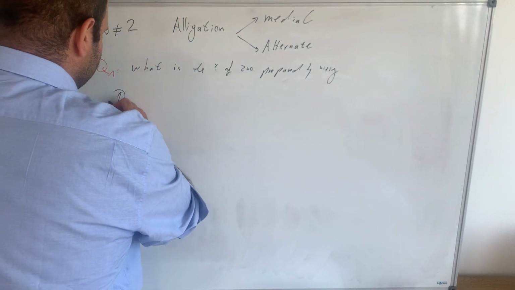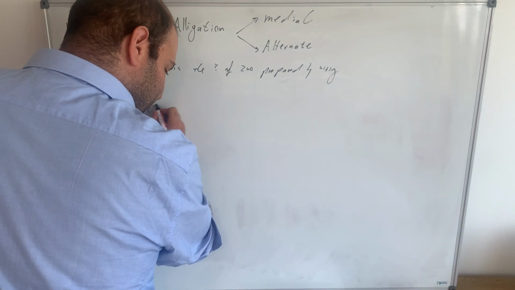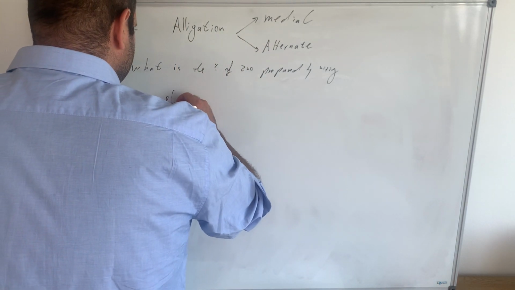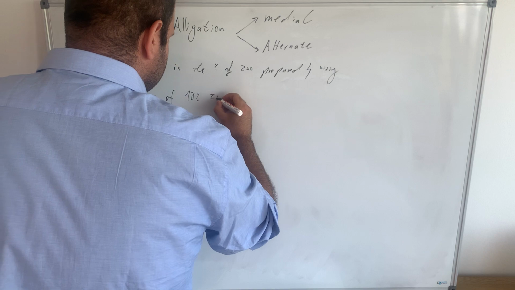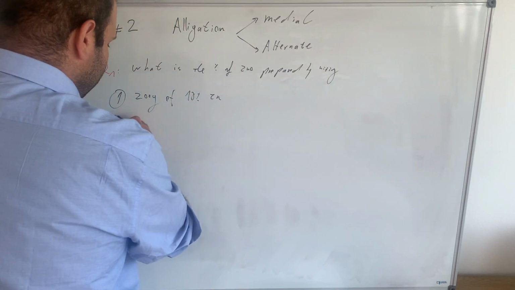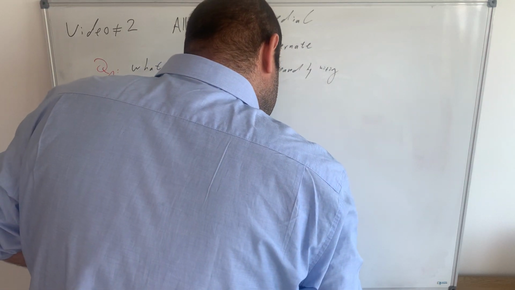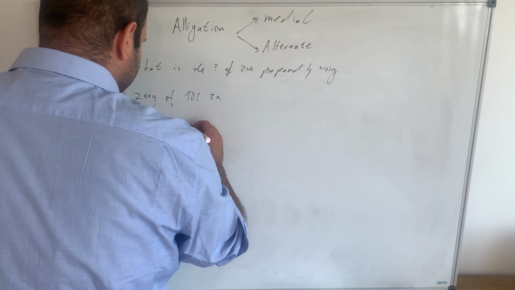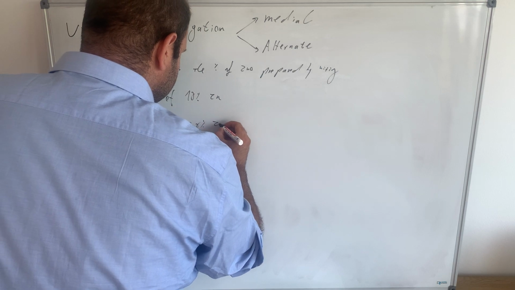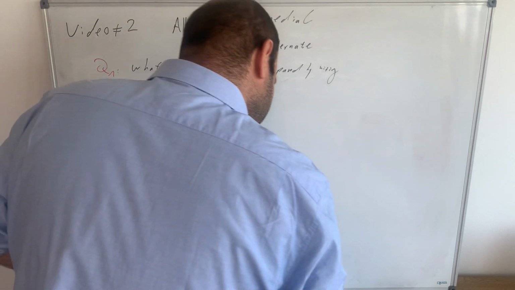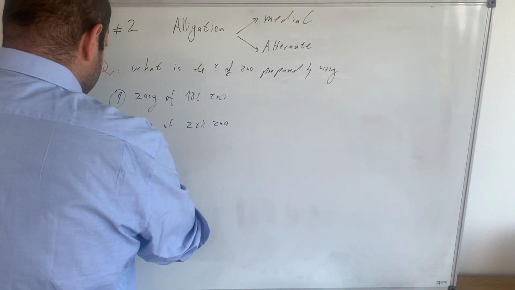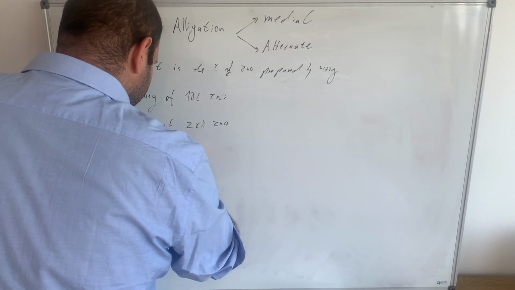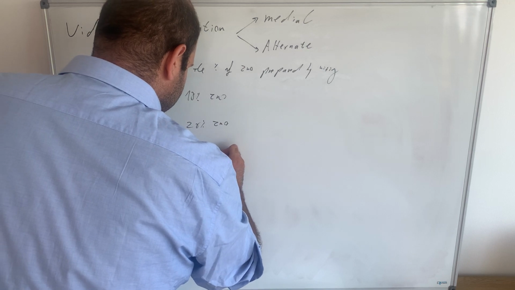Ointment 1, let's say 200 gram of 10% zinc oxide. Ointment 2, let's say 50 gram of 20% zinc oxide. And the third ointment is 100 gram of 5% zinc oxide.